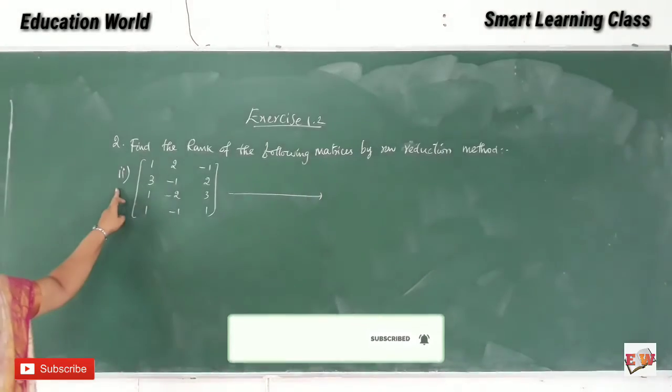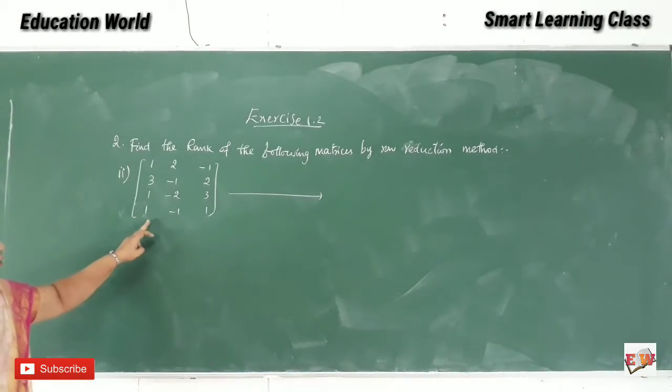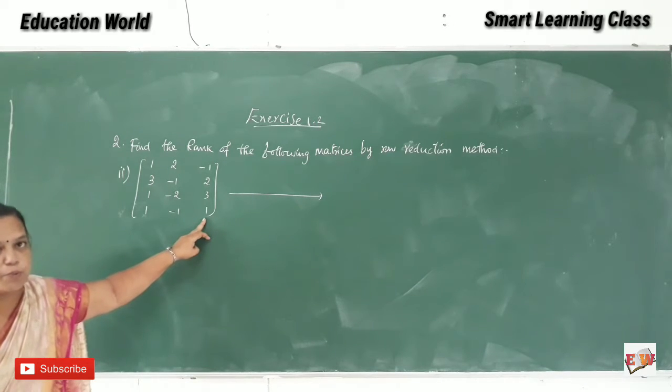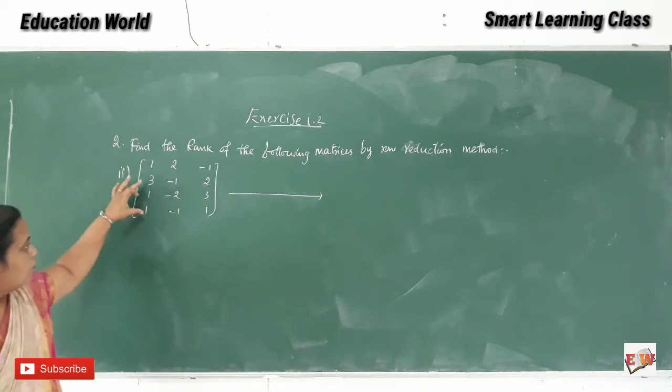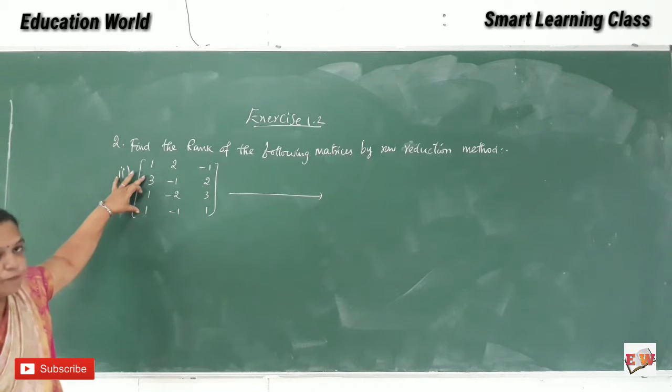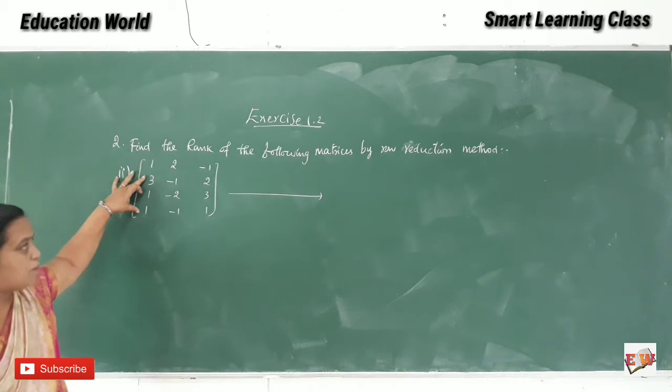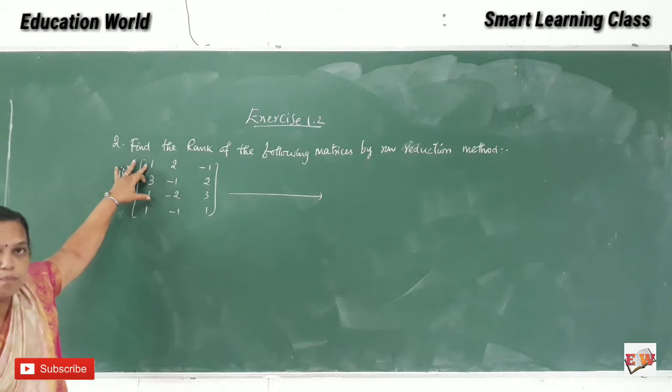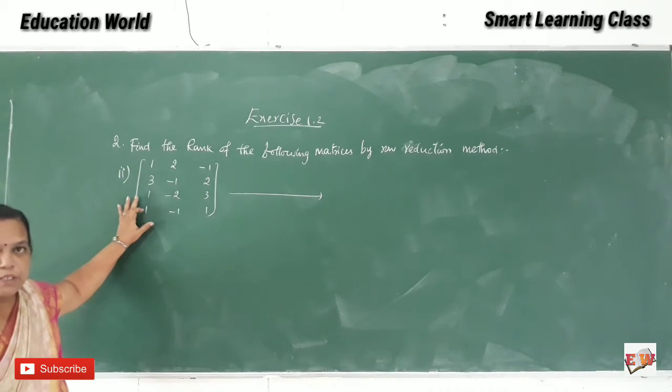Now we are going to see the second subdivision. We have to find the rank of the matrix by row reduction method. So for that we have to bring all these entries to 0. One more thing, the first row and first column element is this. Below this all other entries should be 0. Okay?